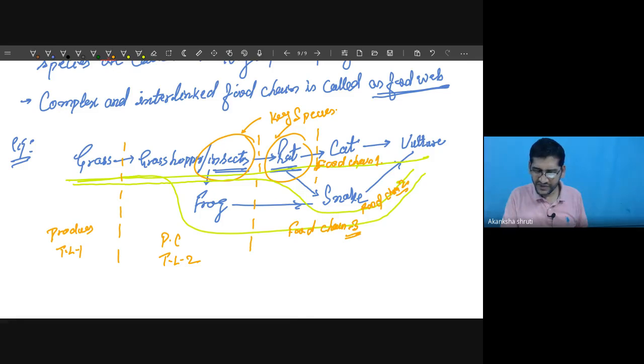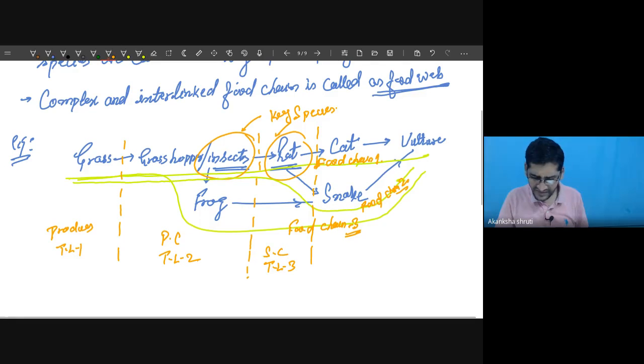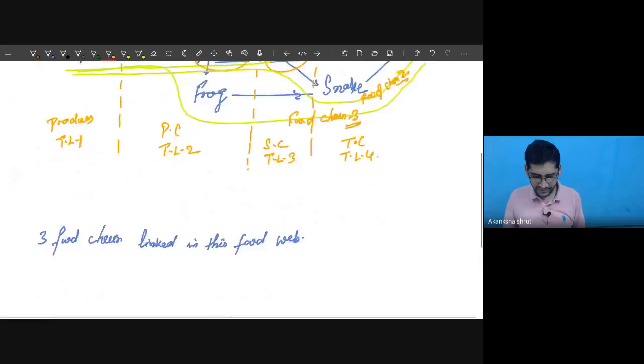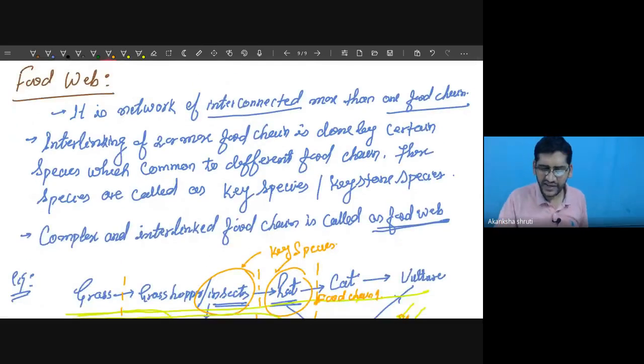A snake is falling in the next one. The tertiary consumer, trophic level 3, and this is, sorry, it is our secondary consumer. And this is our tertiary consumer, trophic level 4. Okay, so food web may also have different trophic levels.